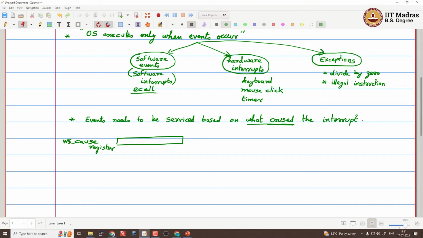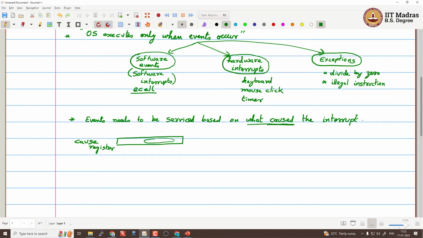So you would have multiple registers, either SCAUSE or MCAUSE, and the hardware, the processor, essentially fills up this register with a very specific value that would identify what caused the event, right? Whether this event was due to a software interrupt or a hardware interrupt or any of the exceptions, right?